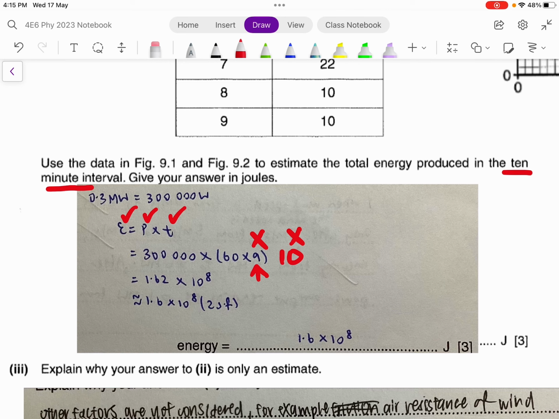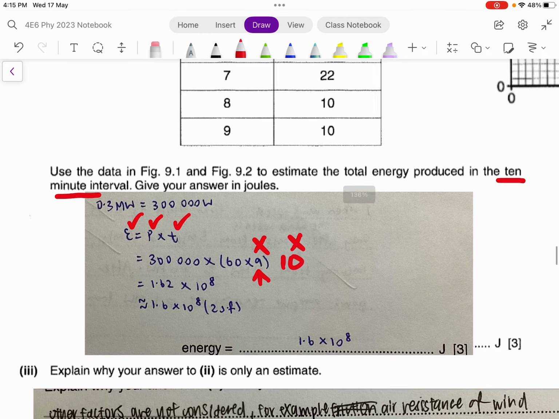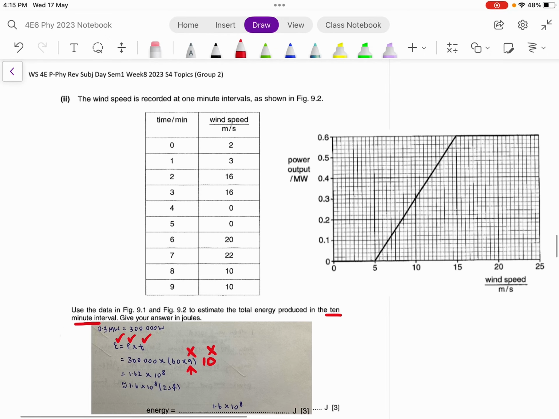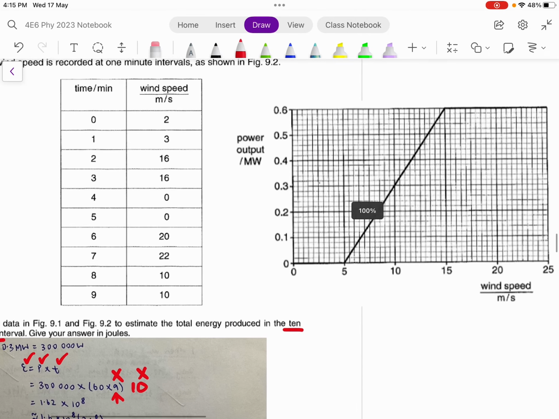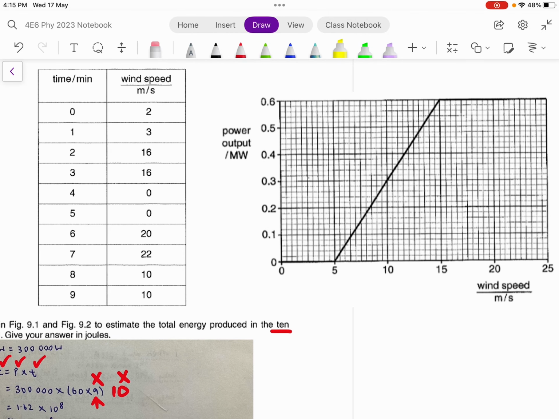Because if you are substituting 9 minutes or 10 minutes, it means that you are not interpreting the context. What does the context say? What does this table say? This table is trying to tell you that only at the second minute, it is able to receive enough wind that will give you certain power output. Before the 2 minute, is the wind speed able to give you any power output?